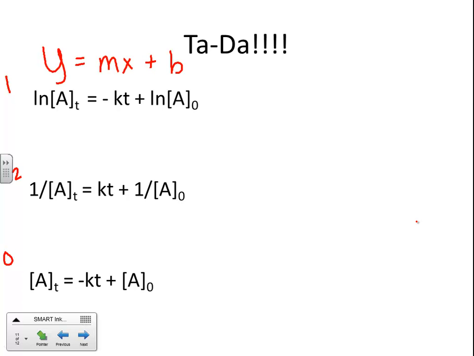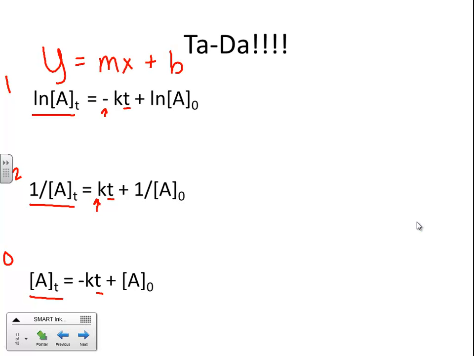In all cases, t is the x-axis, and the y-axis is going to change depending on what the order is. Additionally, the slope, which is the k, has units that are sometimes negative and sometimes positive, and its units are going to change depending on the overall order because of that changing y-axis.